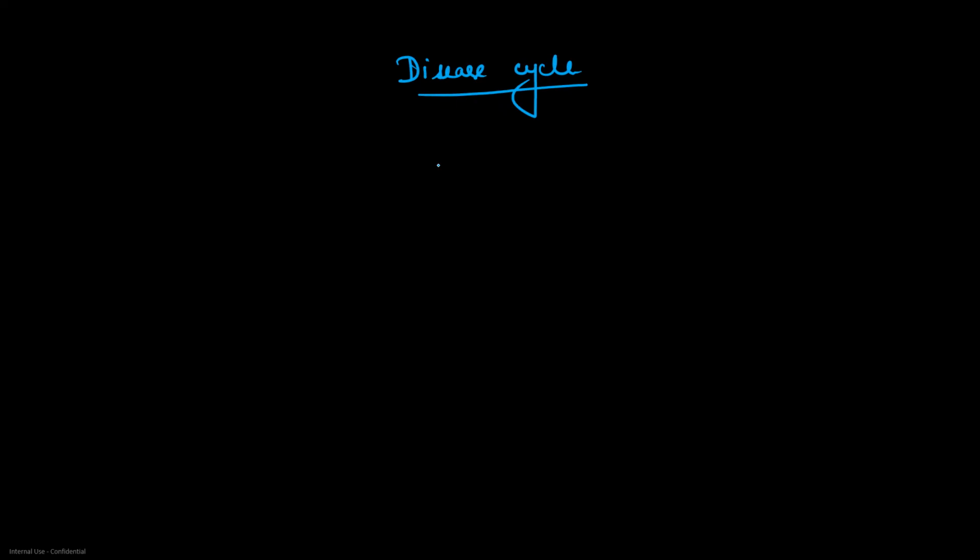Now, in disease cycle, what do we see here? We have inoculum. This is often the infective propagule that starts the disease cycle. This inoculum gives rise to the infection or disease. Then we have dissemination and infection.